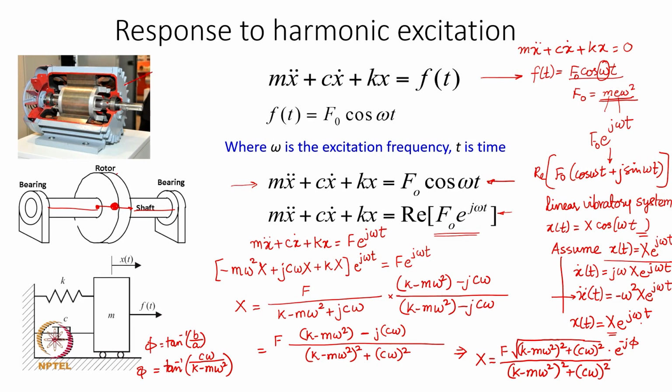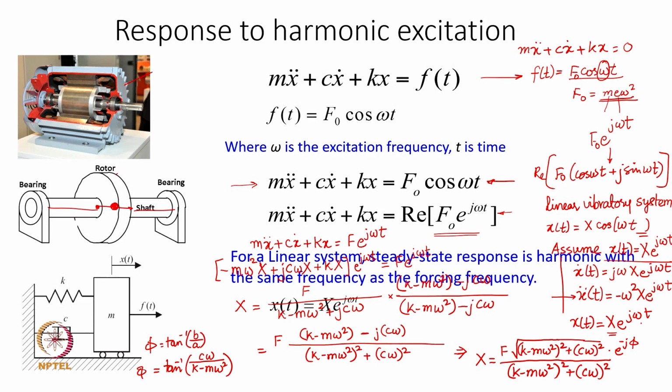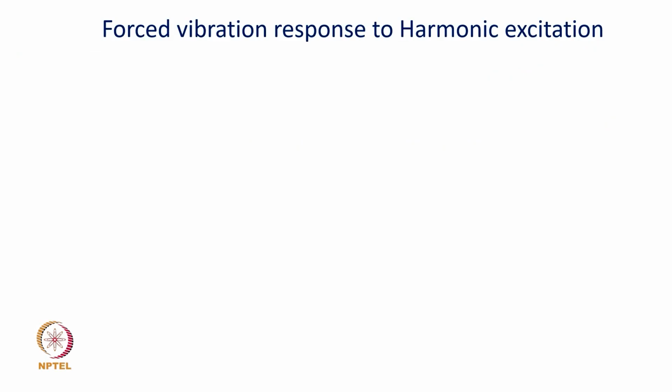Now, it is quite clear from this. If I move over to the expression that I wrote, it was F square root of k minus m omega square whole square plus C omega square, e to the power minus j phi, over k minus m omega square plus C omega square, is it not?